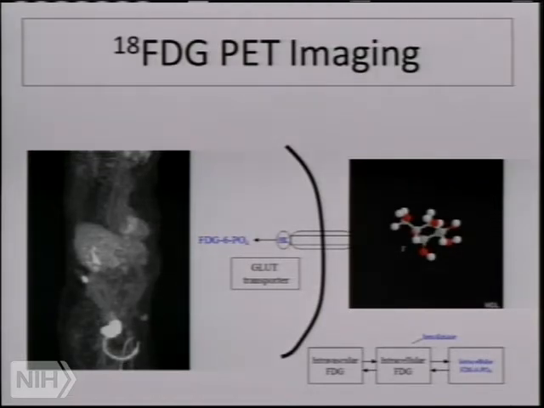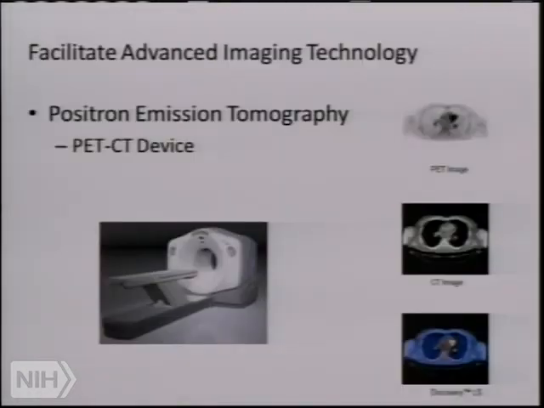So it's interesting. I guess this isn't going to play, but it's a little movie that just shows this 3D PET scan, and this is a little metastasis from colon cancer here that is detectable because this molecule is taken up by the tumor. So PET scans are very high technology.